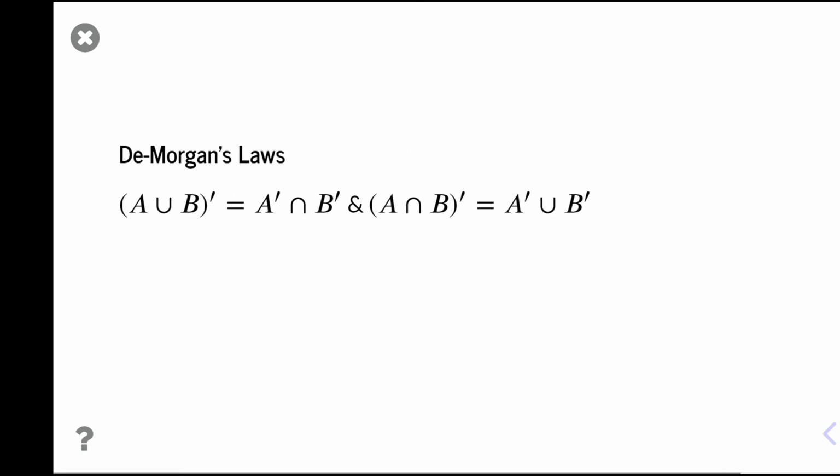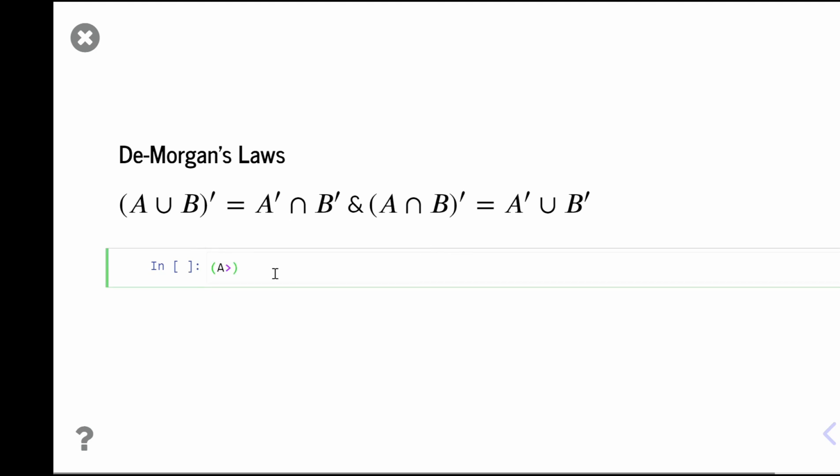We can verify De Morgan's laws. De Morgan's law says that the complement of A union B is equal to A complement intersection B complement, and the second De Morgan's law says that the complement of A intersection B is equal to A complement union B complement. So we will check it like this.